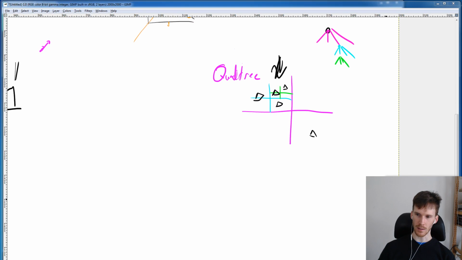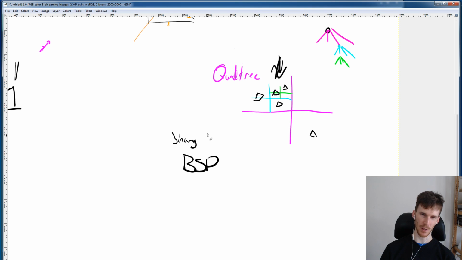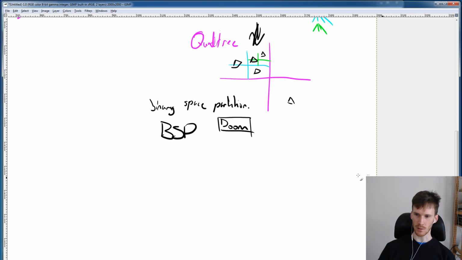The other thing that I think I probably mentioned was BSP tree. It's hard to spell things and say them at the same time. Binary space partition. That's what it was. Doom was the first game to use this in a serious way, I think.